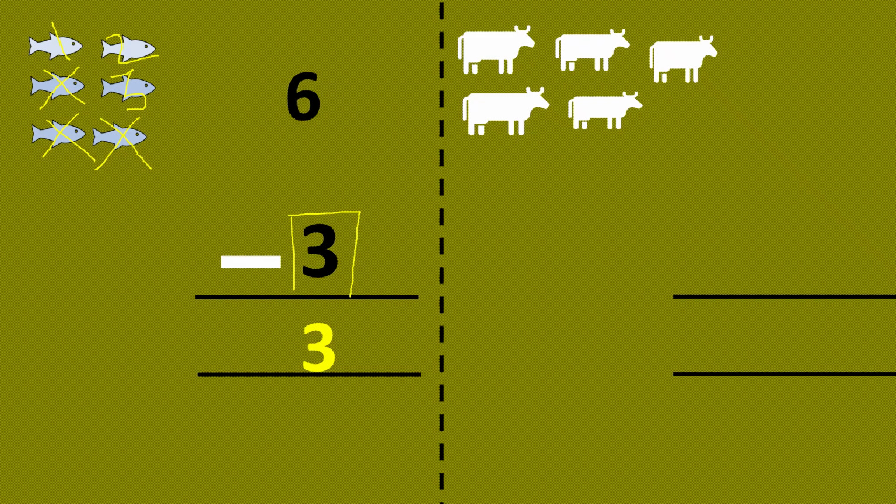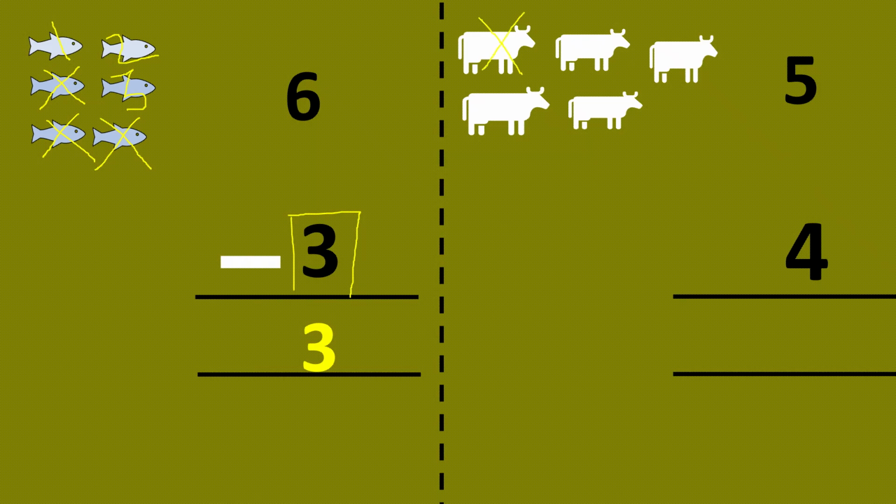How many cows are here? 5. As you see, we write the number in front of the objects, and how many do we separate from here? 4. So we cross 4 images from the upper one.